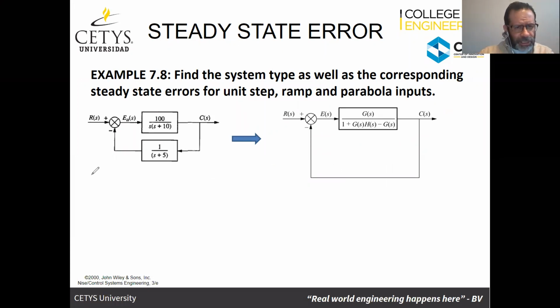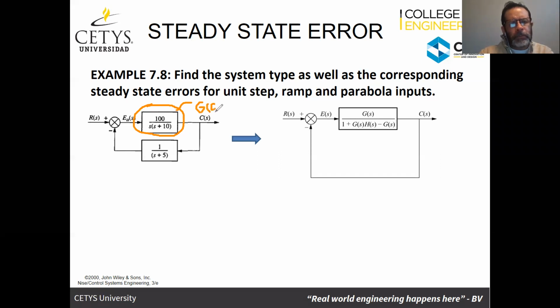So we've got G of S in this case. This one that we've got here, this is G of S. And over here, we've got H of S from the bottom. We've got H of S here on the bottom.